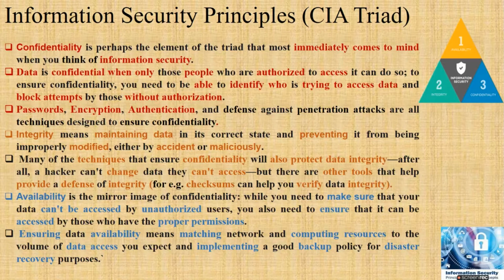This will maintain your data availability, making it available 24 hours, 7 days, and prevent and defend you against a very common attack nowadays, which is the denial of service attack, making your server go down because of the huge number of requests that were sent to it, and it can't handle these requests. And there are other techniques that can ensure the availability of your data, like a good backup policy or disaster recovery.